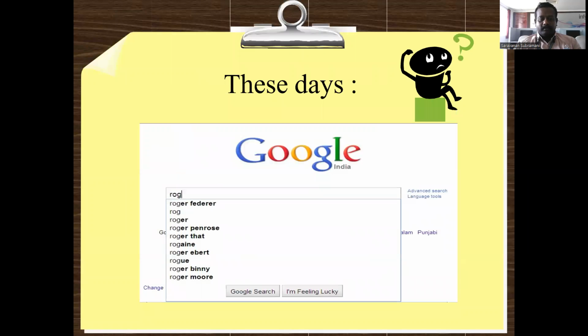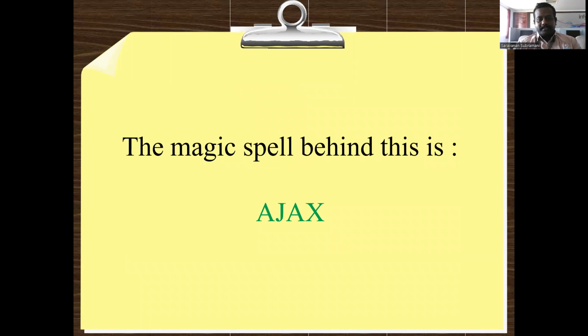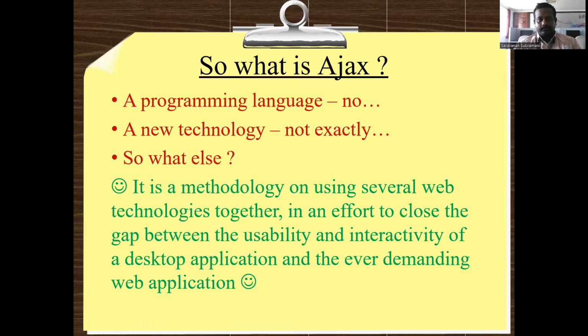But nowadays, whatever we are typing for searching, the related text comes in a scroll down window. It happens because of the one and only Ajax concept. So the magic spell behind this is nothing other than Ajax.